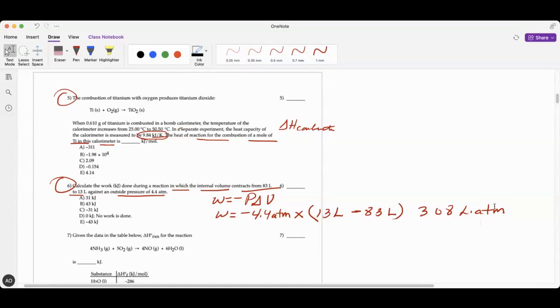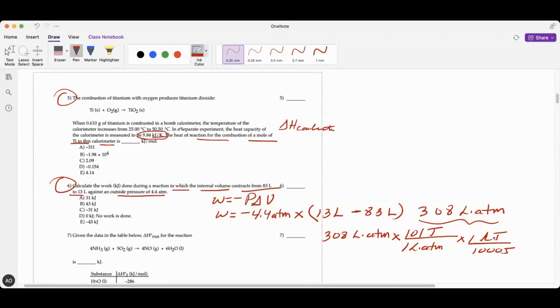We're asked to do this in kilojoules, so we need to convert. We have 308 liter atmospheres, and 1 liter atmosphere is 101 joules, and 1,000 joules is 1 kilojoule.